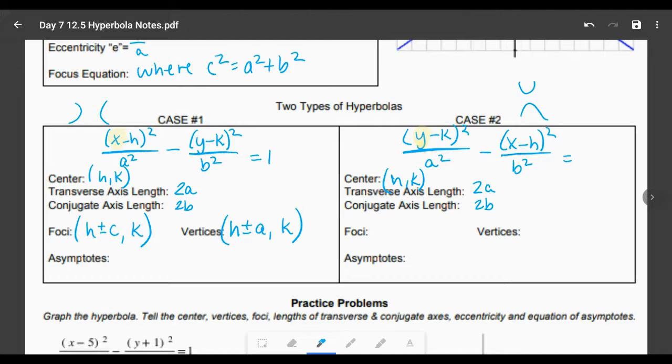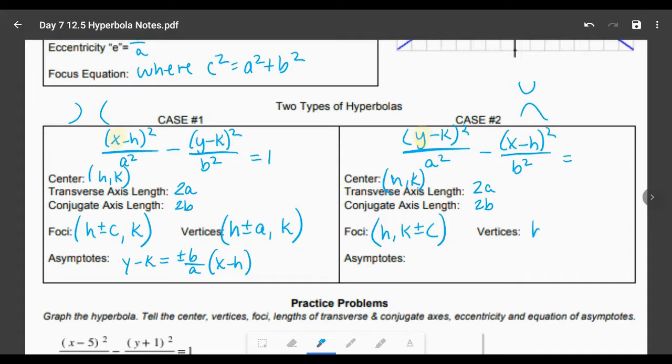All right, the asymptotes, we'll talk more about these when we get to a graph, but the equations are y minus k equals plus or minus b over a times the quantity x minus h. For the other case, the focal points are along the y-axis, so it changes the y-coordinate by adding or subtracting c to where the original center point was.